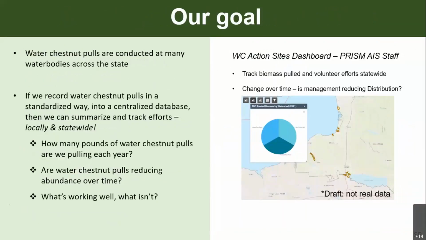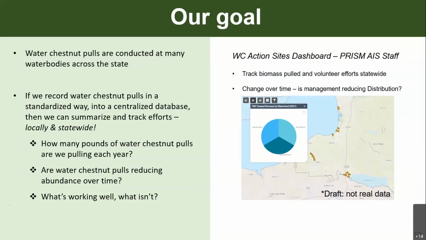So our goal with the water chestnut pull is to remove water chestnut on a statewide level. If we can record those chestnut pulls in a standardized way within a single location, so in this case, iMapInvasives, we can begin to compare across years and between years at individual sites, and then also look at management within that site and across the full state.